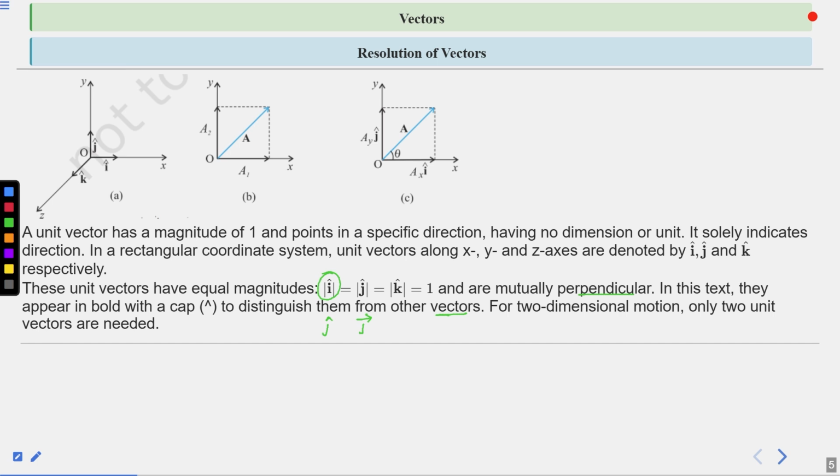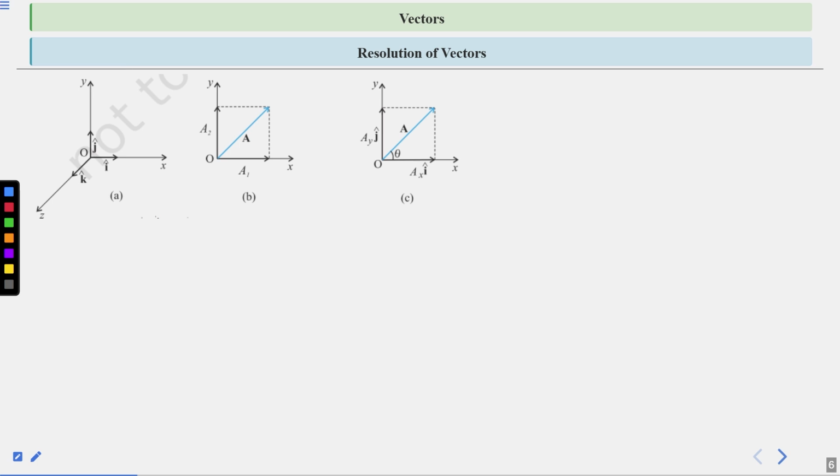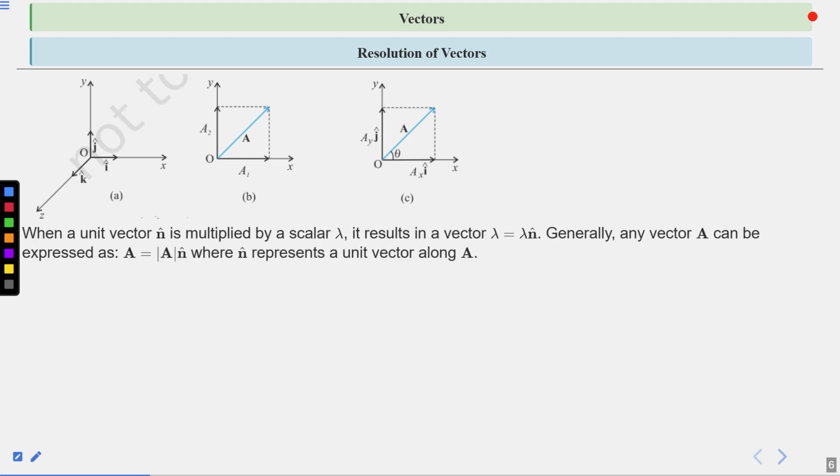For two-dimensional motion, only two unit vectors are needed: i cap along the x-axis and j cap along the y-axis. When a unit vector n cap is multiplied by a scalar lambda, it results in a vector, that is lambda n cap.